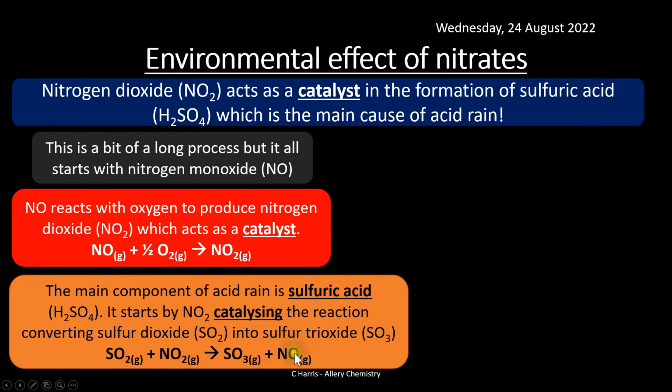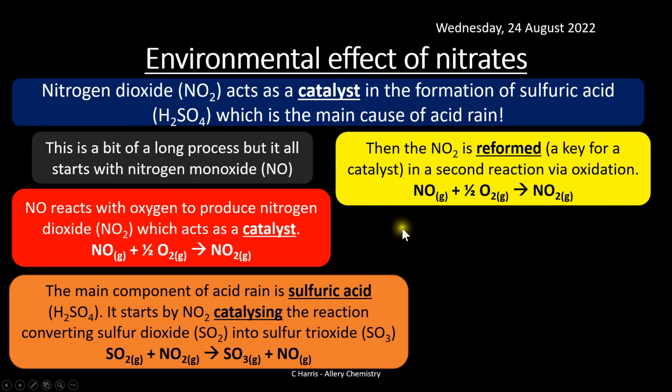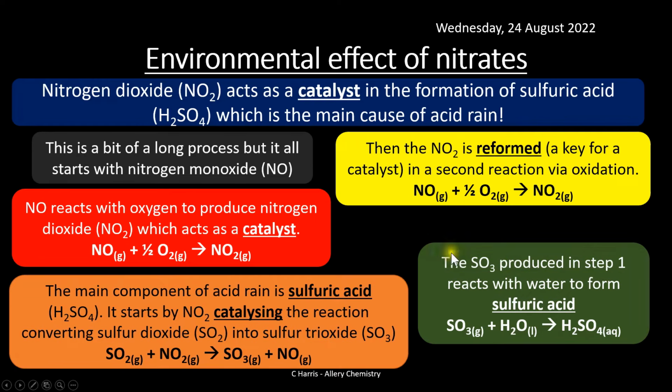Okay, so NO, remember, can go back round, form oxygen and NO2, so it forms a cycle, I suppose. And then with this SO3, the NO2 is reformed, so that's remade again, as you can see there. And then the SO3 produced from step 1 reacts with water in the atmosphere, which forms this sulfuric acid.